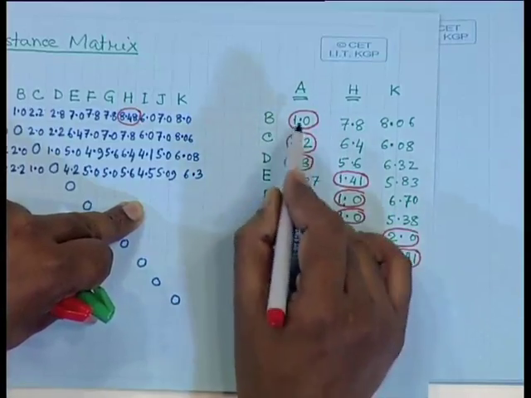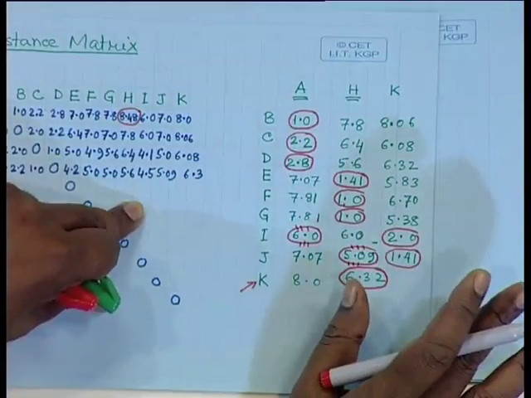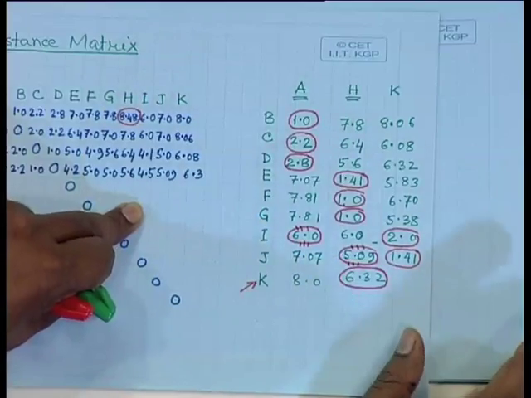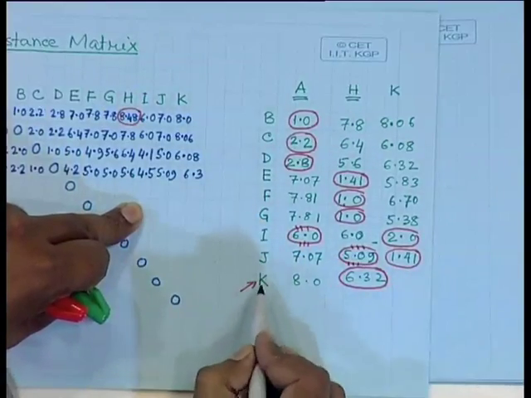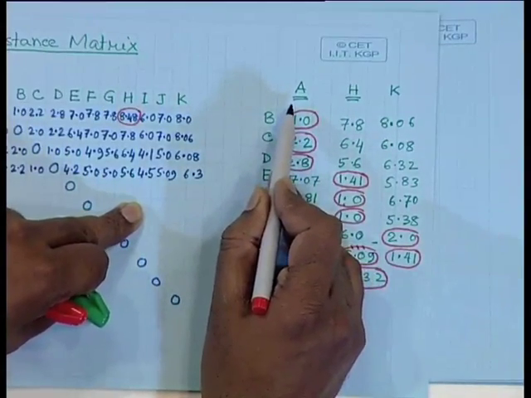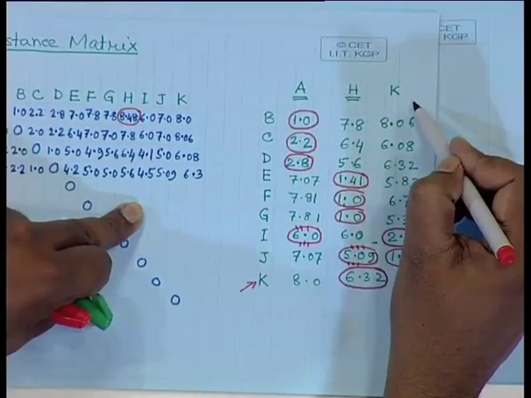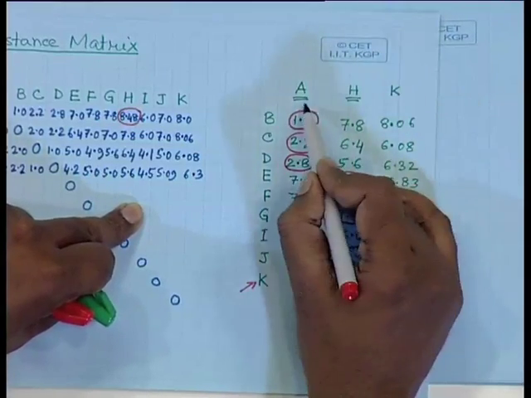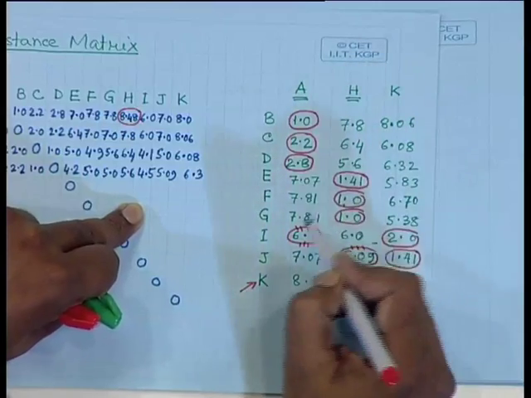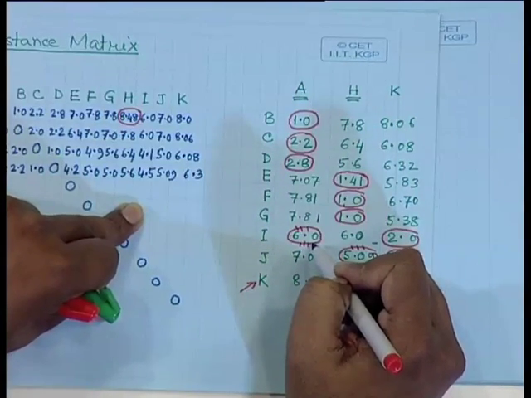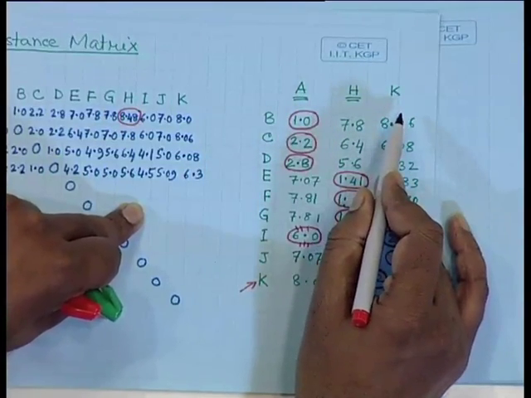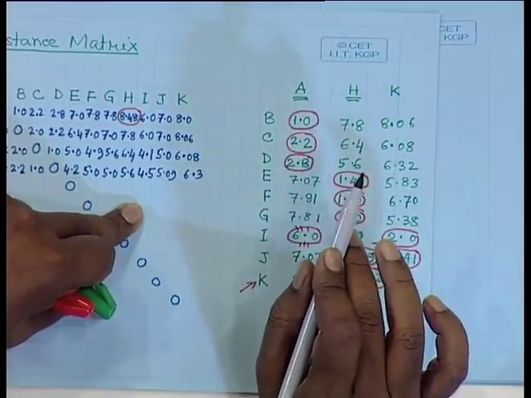So, if I decide to stop my clustering at this point, when I have three different clusters, then I have one cluster center A, the second cluster center H, and the third cluster center K. Given these three cluster centers, I have to assign the remaining points to whichever cluster is nearest.